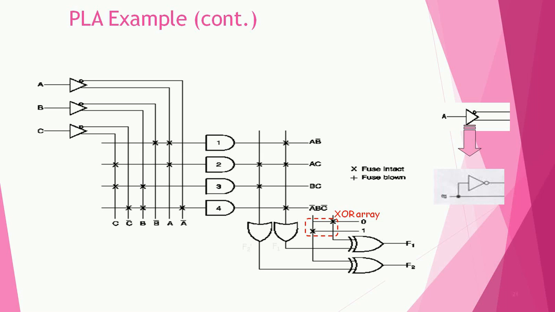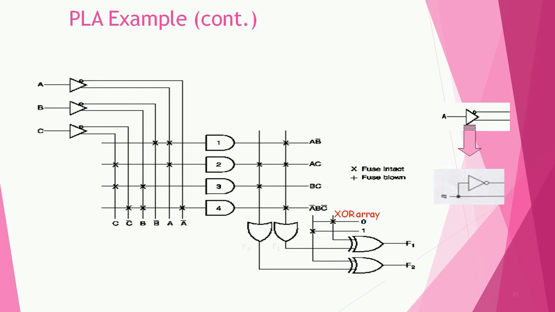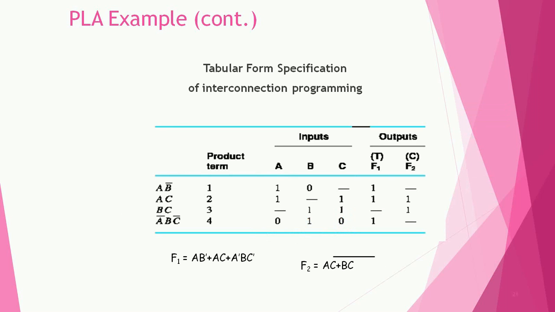Then for F2, if one input of the XOR gate is connected to logic 1, its output is the complement of whatever is present at the other input of that XOR gate. So we will get F2 as the complement of the expression AC plus BC, and that's what we want. On our previous slide, if you check F2, which is (AC plus BC) whole bar, that is obtained by using the XOR array.